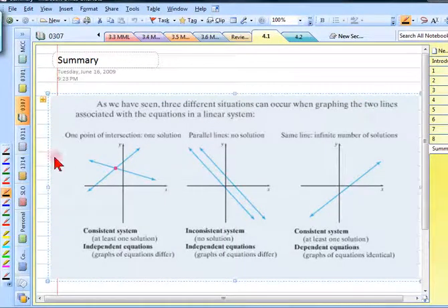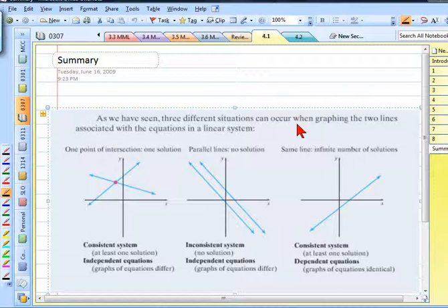This happens very frequently: the 2 lines intersect. When you answer a system like that, you put an ordered pair. You name that point x comma y.